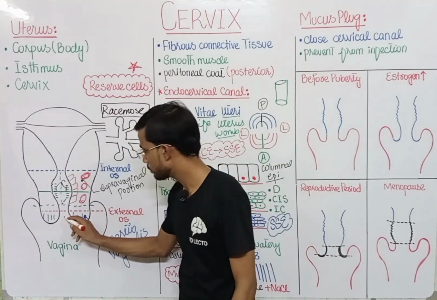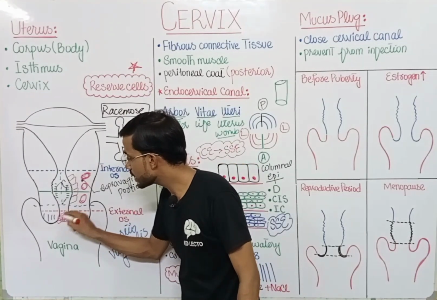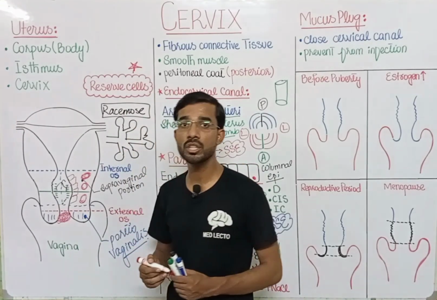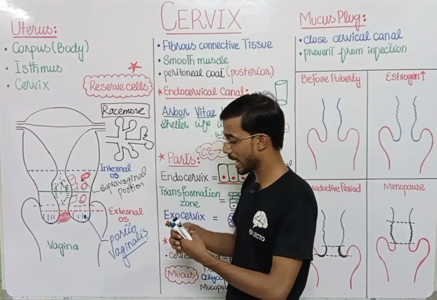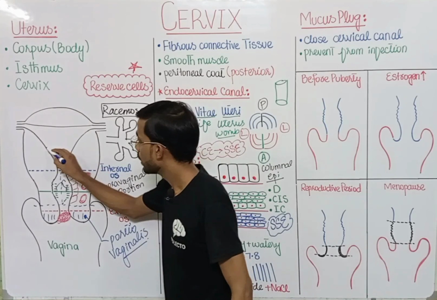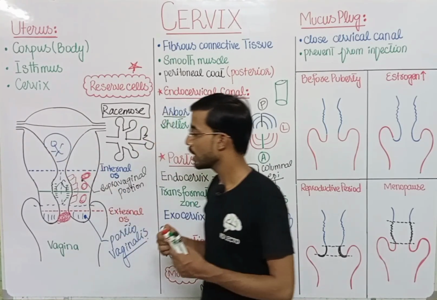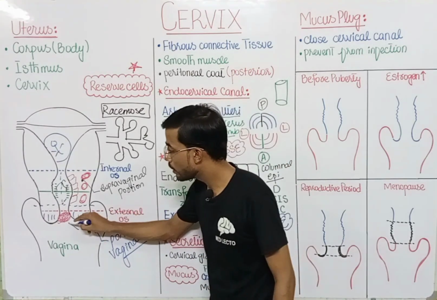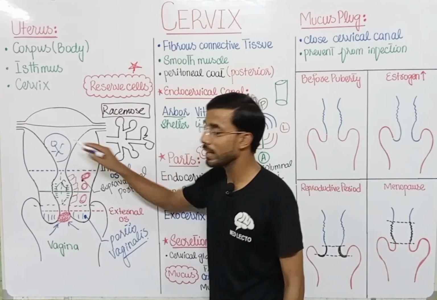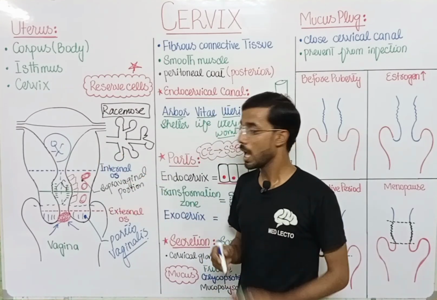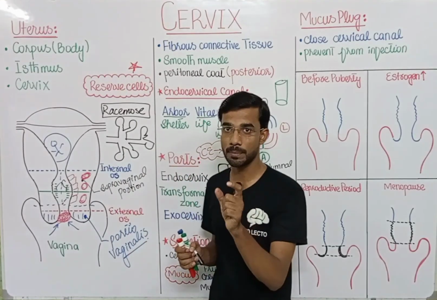Here is the opening, the external opening, and sometimes in pregnancy this opening is closed with mucus. In pregnancy, the infant is growing in the womb, so there is a low chance of infection spreading toward the infant, and this is with the help of the mucus plug.